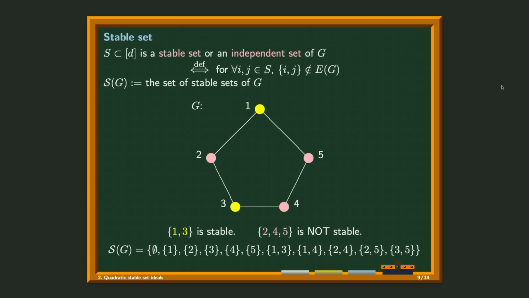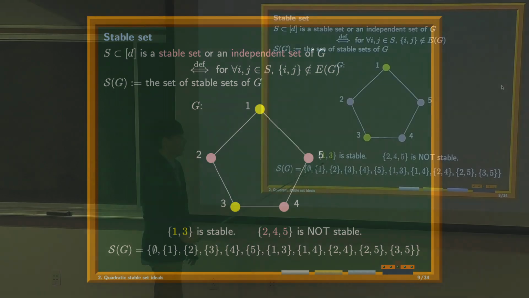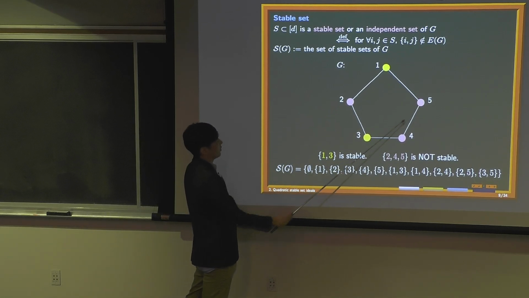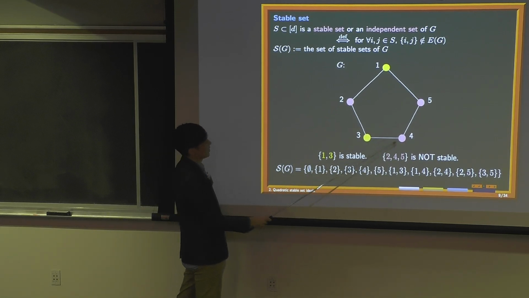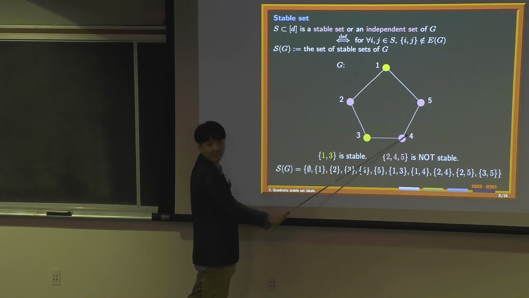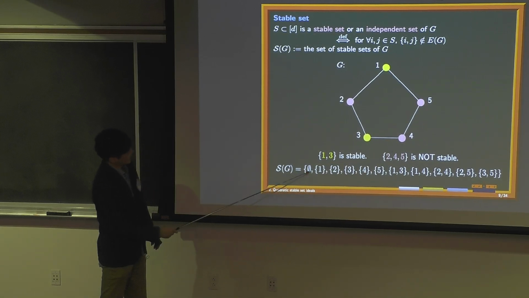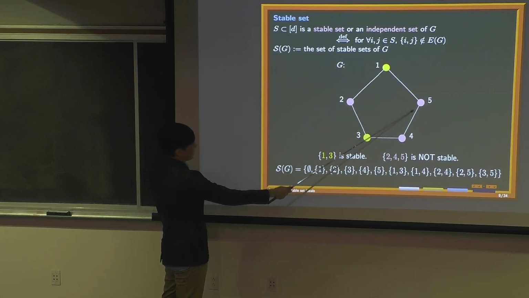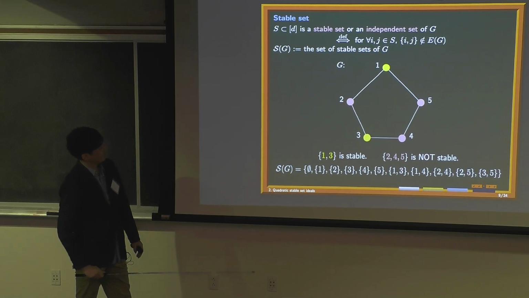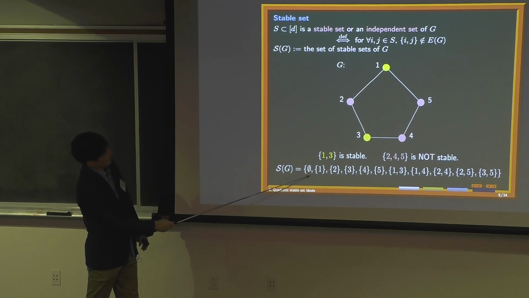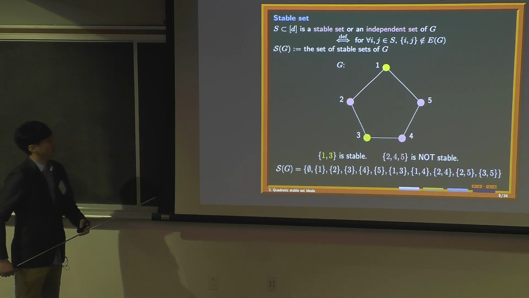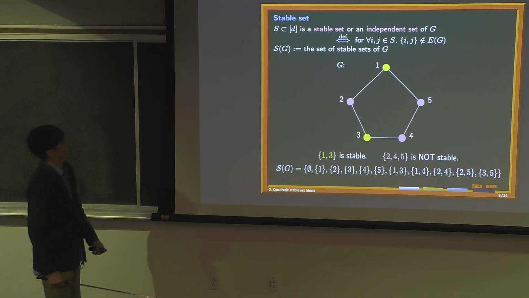So for example, 1, 3 is not an edge, so the set {1, 3} is a stable set. On the other hand, {2, 4, 5} is not stable because 4, 5 is an edge. So this is the set of all stable sets of this graph. In particular, the empty set and each singleton are always stable. Okay.